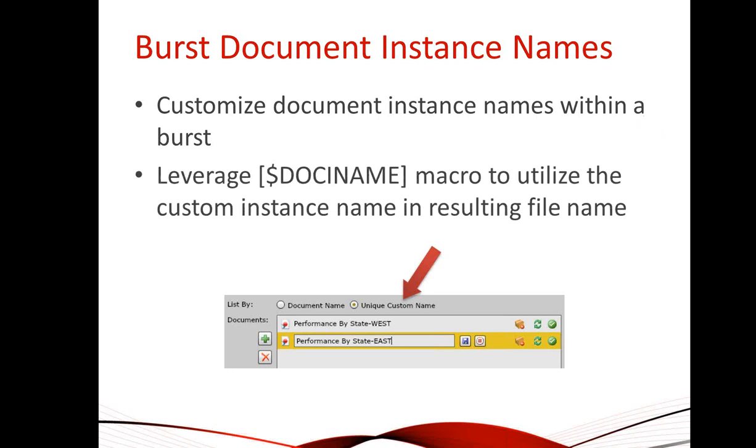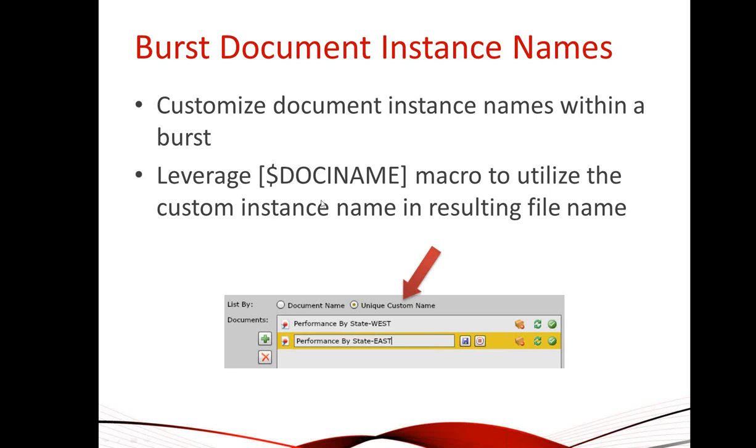And it's nice to be able to identify what document represents what job, essentially. I'll show you this in just a second. So you can change the name of the instance in the burst. This does not affect the name of the actual object in InfoBurst, the report, just the instance name. It's like a label in the burst, so you can uniquely identify the instances.